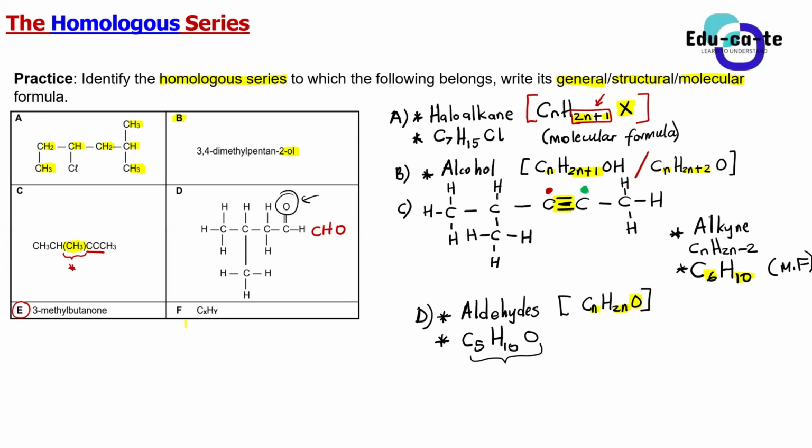Yes, sir. This molecular formula corresponds to our general formula, because the number of hydrogen atoms is double the number of carbon atoms. For example, here we've got 5 carbon atoms and 10 hydrogens, so it's 2 times. For all aldehydes, that's how it is.